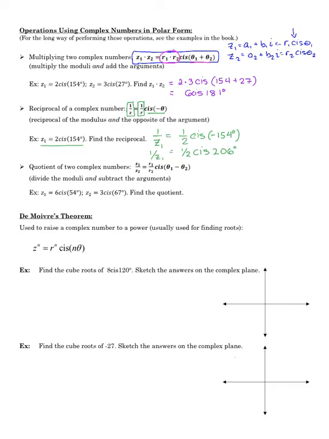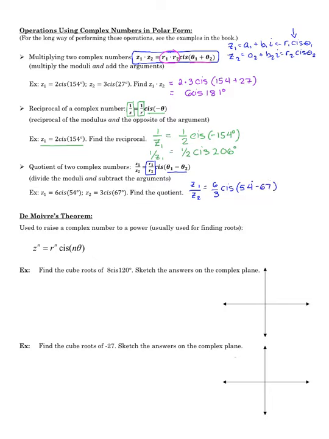And then lastly down here we have the quotient. You're dividing the two against each other, and again you're going to divide the radii and now subtract the two angles. So here's my z1 and my z2. z1 divided by z2 is going to be 6 divided by 3 cis, and then 54 minus 67.